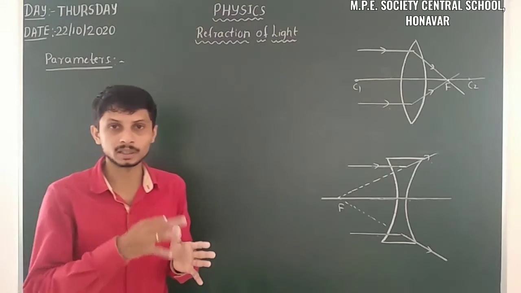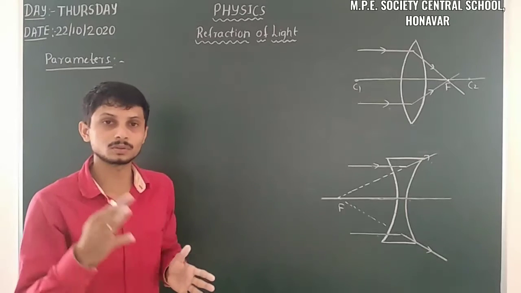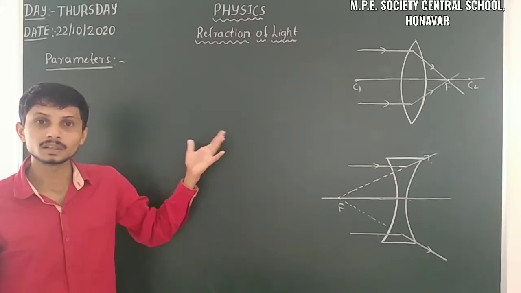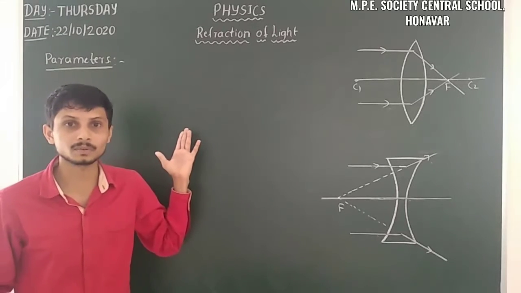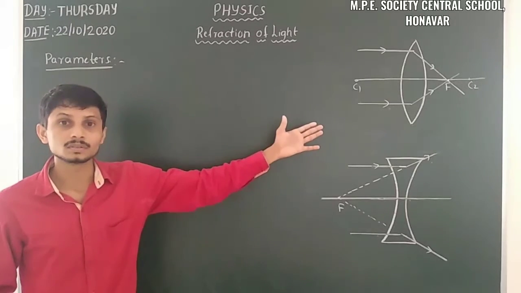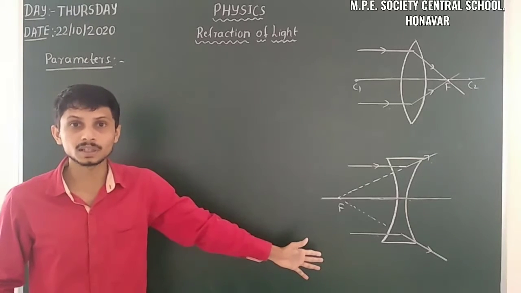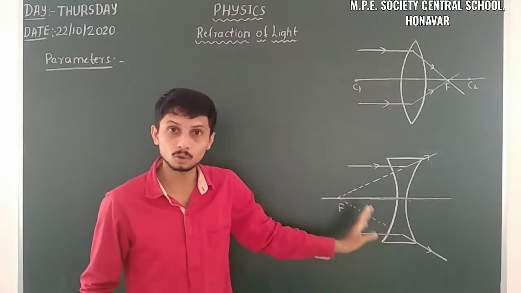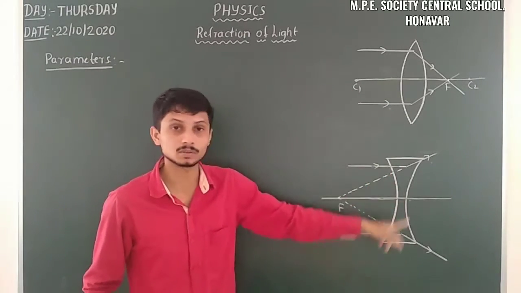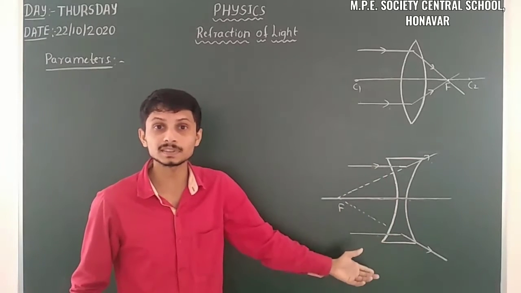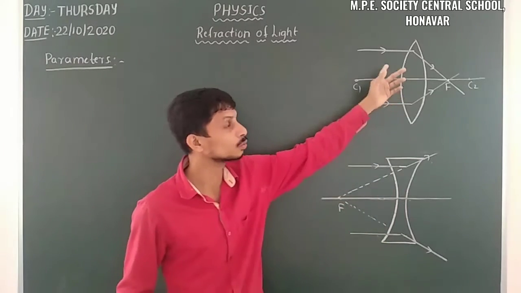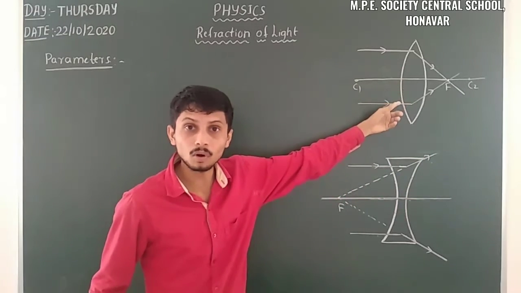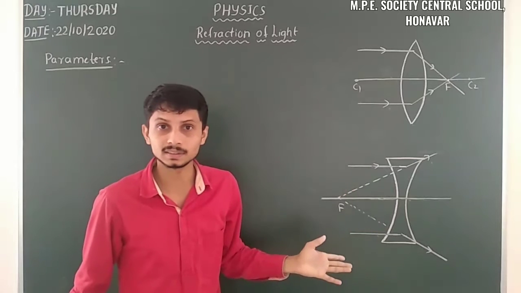So I will not explain it again, because we already know that one. But here we have to take that there are two centers of curvature for the biconvex lens and the biconcave lens. Biconvex and biconcave mean that both sides, both surfaces, are spherical. That's why I am taking biconvex and biconcave lenses.